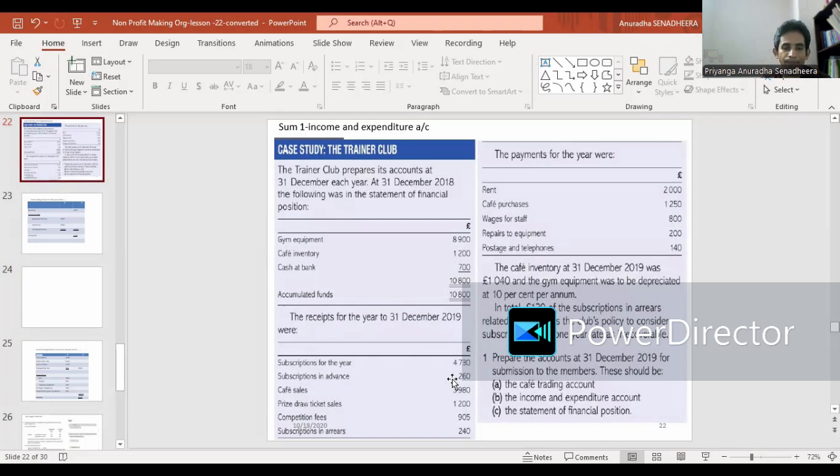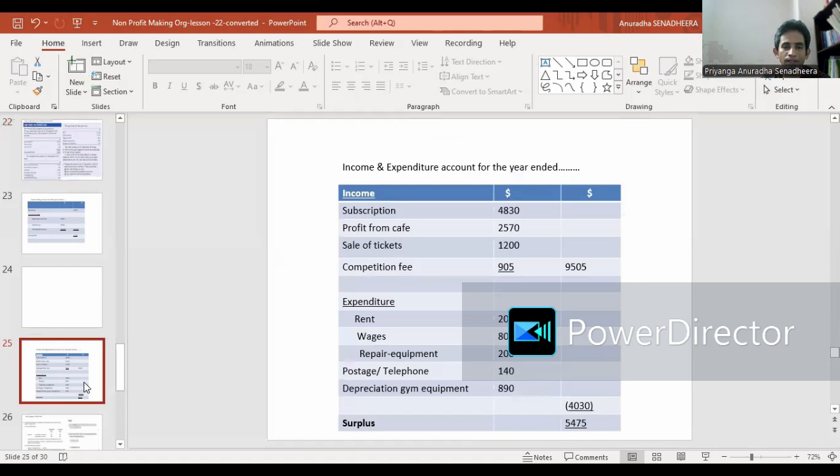They have given 120 of subscription arrears from 2016. With that, you need to prepare your subscription account. With that information I have given you, you can prepare it.